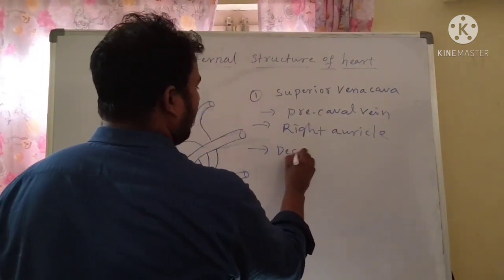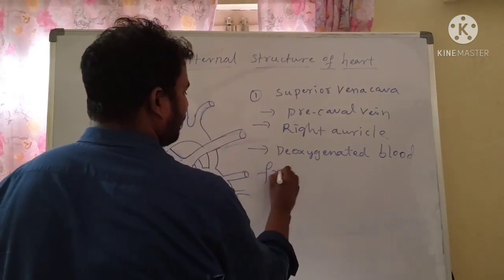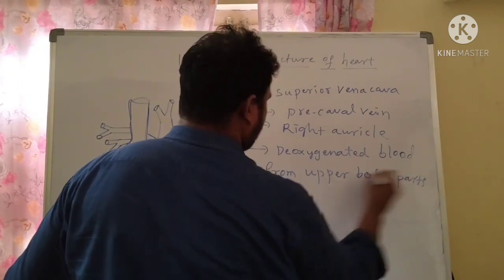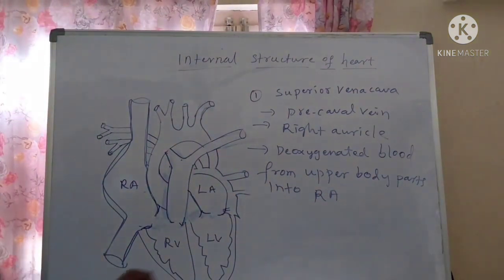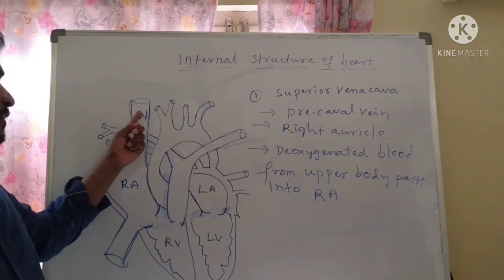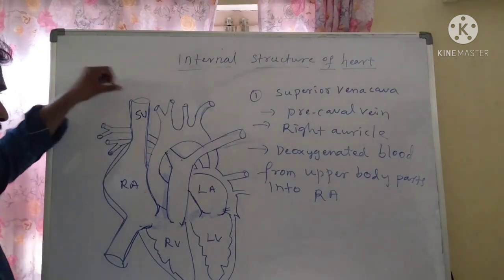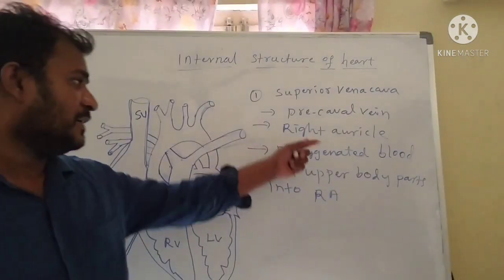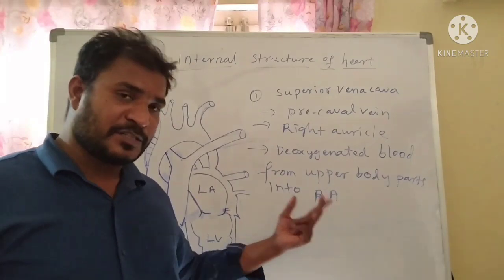It brings deoxygenated blood from the upper body parts into the right auricle, that means from the upper body parts into the heart.